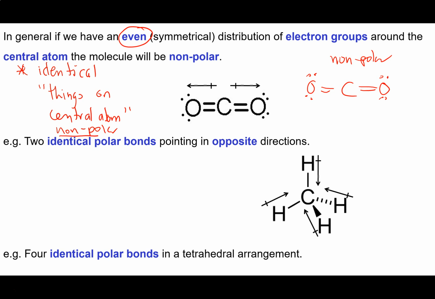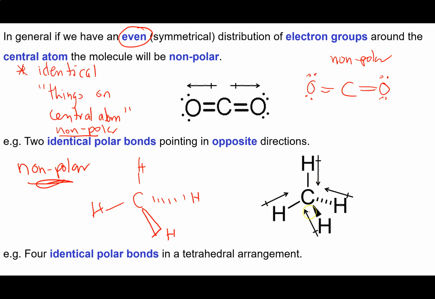Okay, so when I look at this methane molecule here, drawing it in 3 dimensions, it's tetrahedral. All 4 things attached to that central atom are identical. They're all singly bonded hydrogens. So without really even thinking about the polar arrows, I automatically know that this guy is going to be nonpolar.